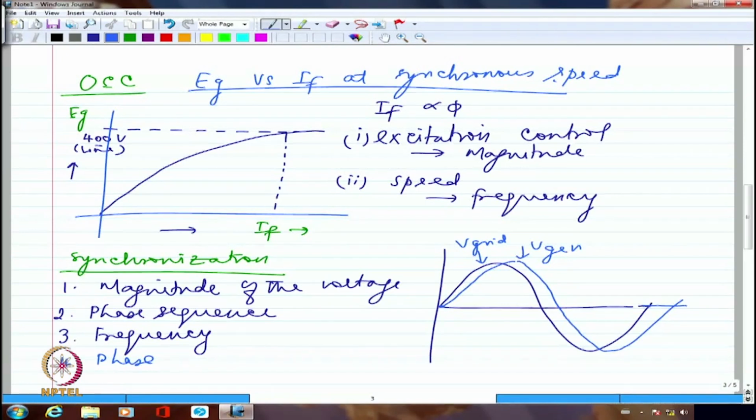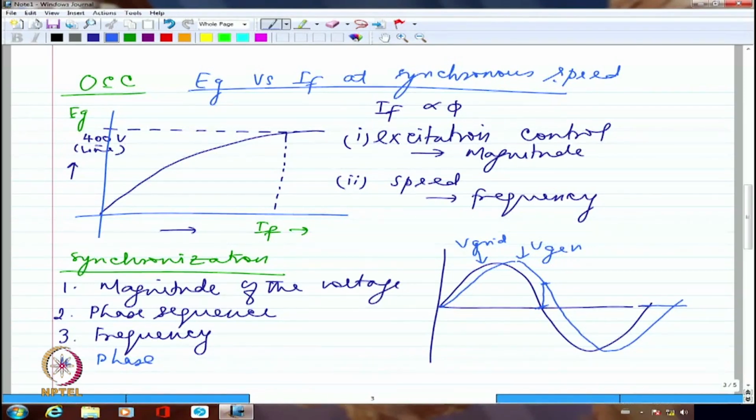But if I try to close the switch here, you can see that between these two there is a huge amount of voltage difference. If I try to short circuit a huge amount of voltage difference, I'll very clearly see a huge current flowing. What is the resistance between those 2 points where I'm trying to close the switch? It is literally 0. So the current will be infinitely large.